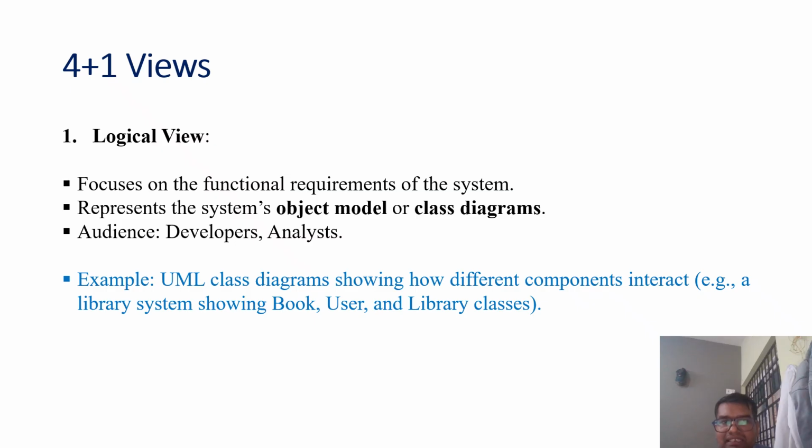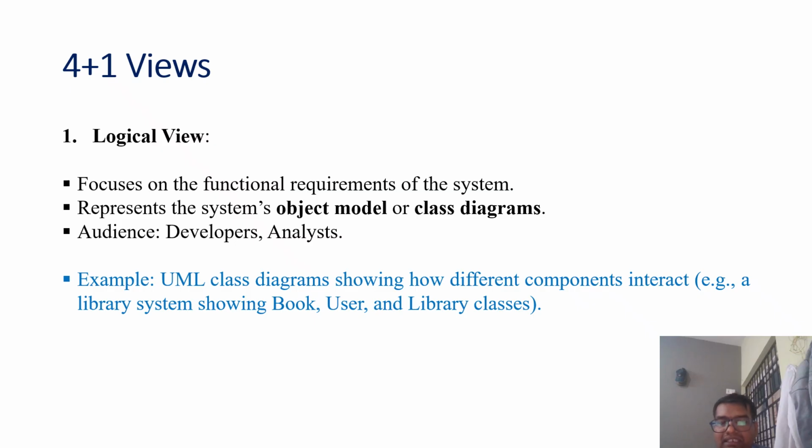The first component is the logical view. The logical view focuses on the functional requirements of the system, and also represents the system's object model or class diagram. The audience will be developers and analysts, and it is also concerned with the functionality that the system provides to the end user.